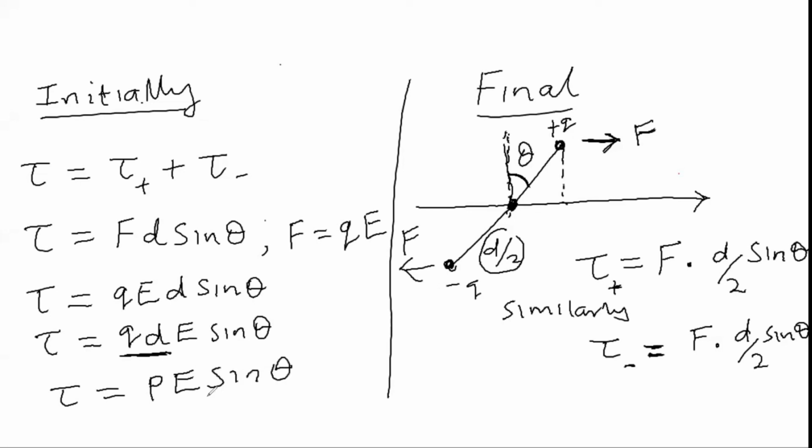That is the expression we are going to have for torque. As long as you know the dipole moment, the electric field, and theta, the angle through which this has been rotated, then you can find the torque.